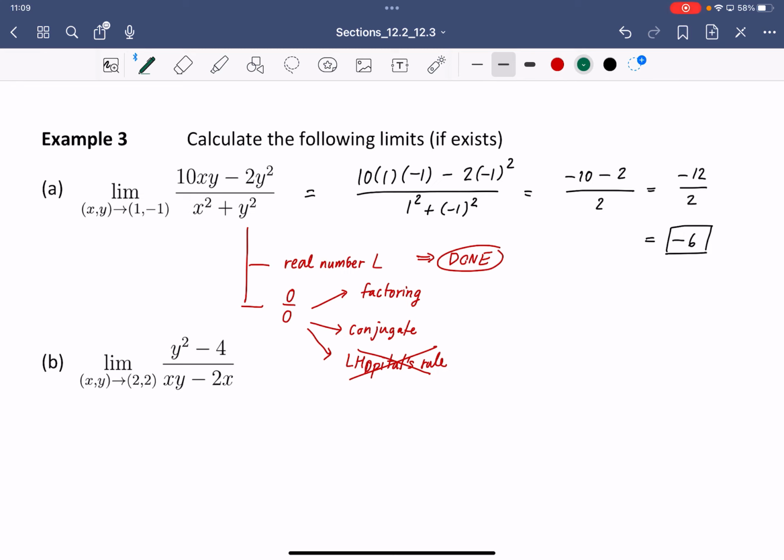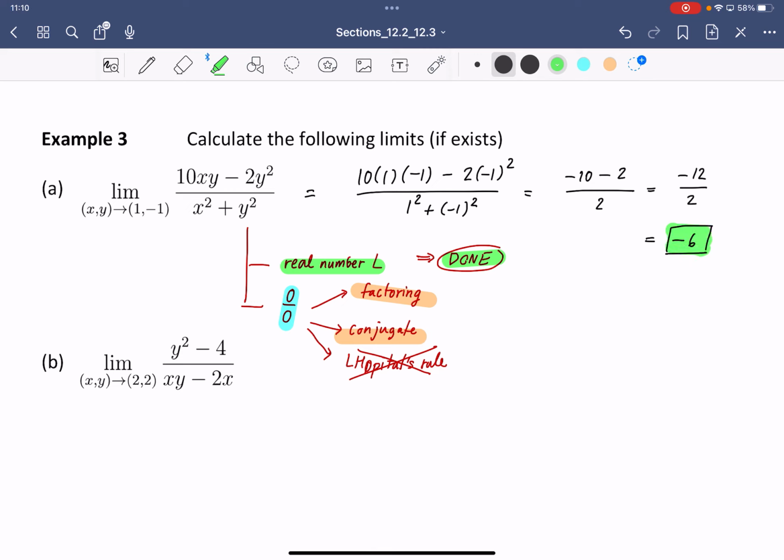There's no theory about the L'Hopital rule in 2 dimensions. So when you see 0 over 0, I would suggest you do factoring or conjugate. These are the 2 ways that you can do it. But if you are lucky enough, you could get a real number L and you are done. Like this question, you're lucky enough to get negative 6, and that will be your answer.